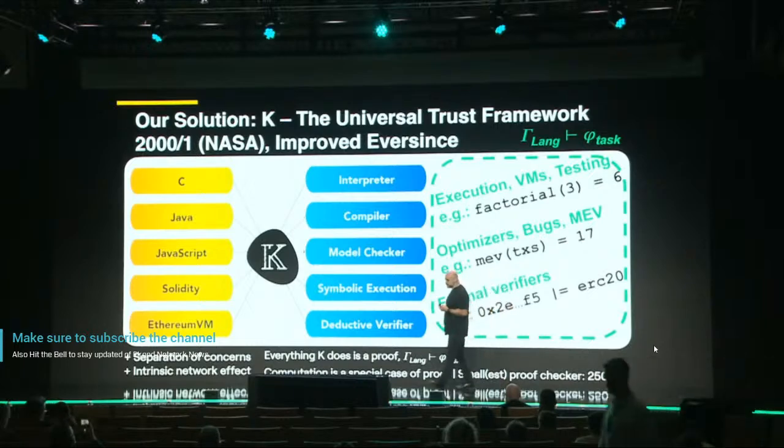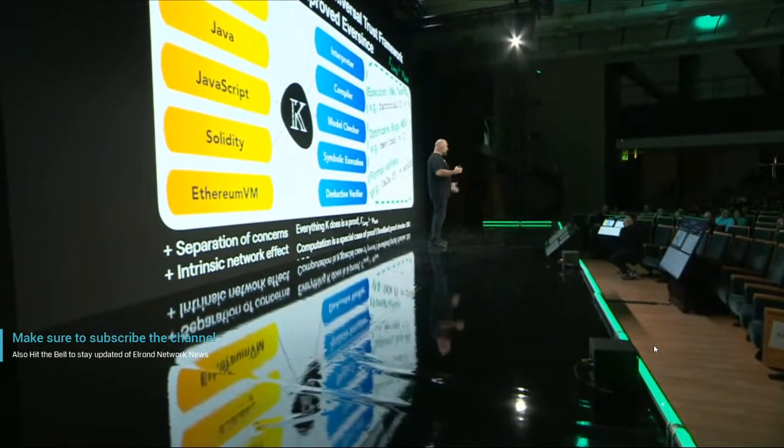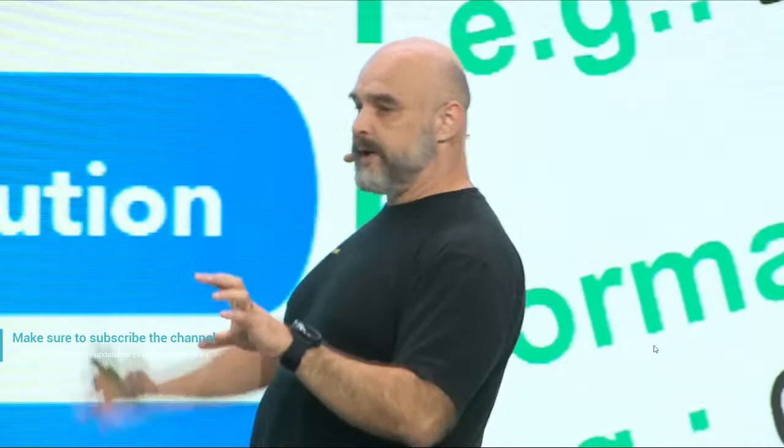And this separation of concerns has major advantages, some of them unexpected. In particular, this intrinsic network effect. When you fix a problem, let's say in a model checker, you fix that problem in the model checkers of all the languages. Or when you upgrade a language to the next version, now you have all the tools for that language upgraded as well.